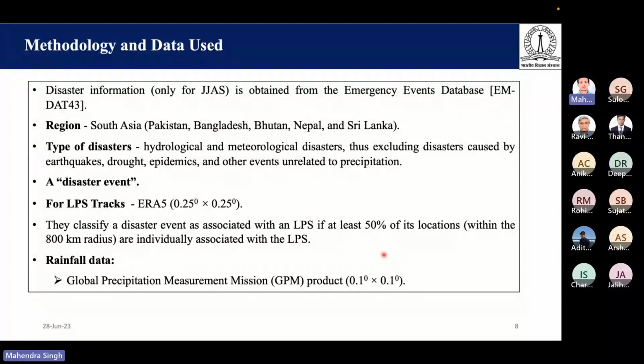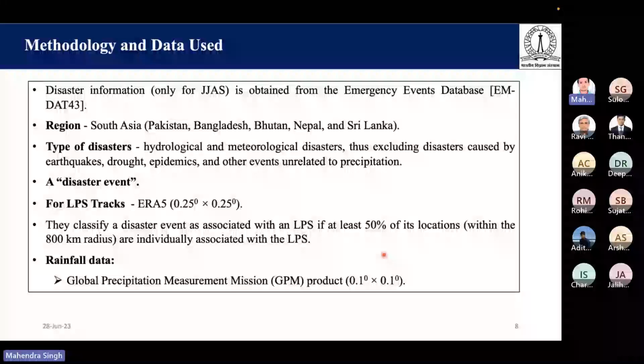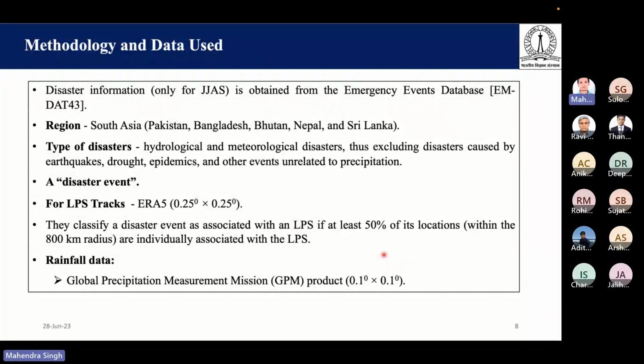For a disaster event, they take the number of all disaster locations at a particular time and average over all the locations of that disaster at that time; they call this a disaster event. For LPS tracking, they have used the ERA5 data.